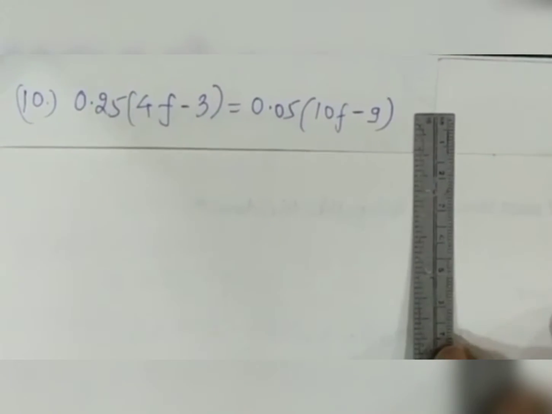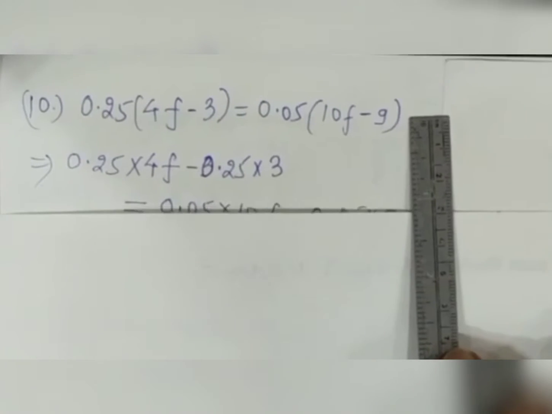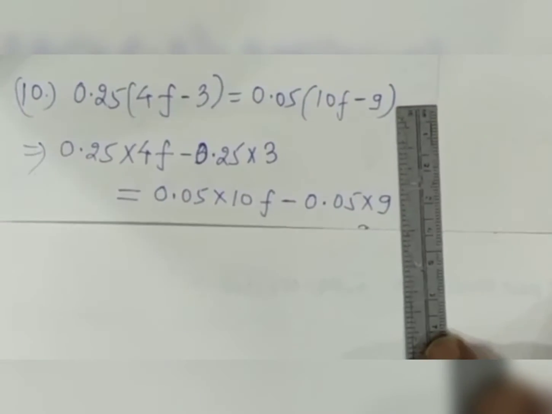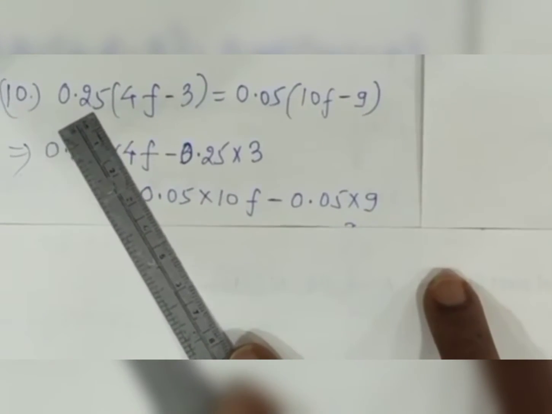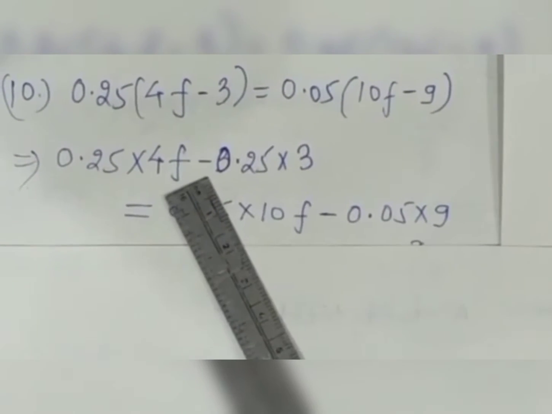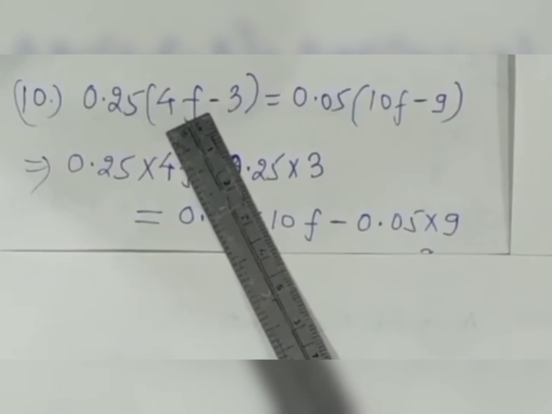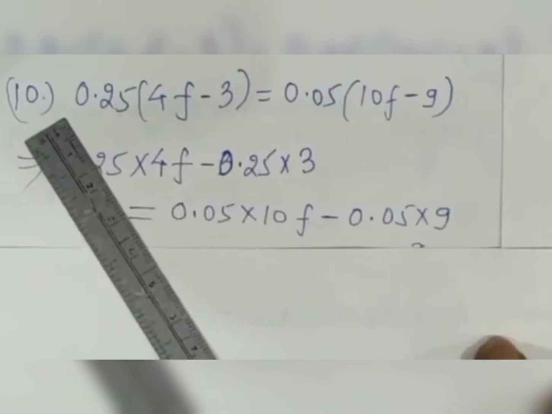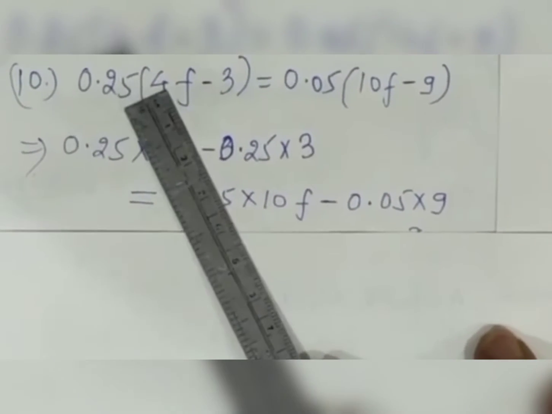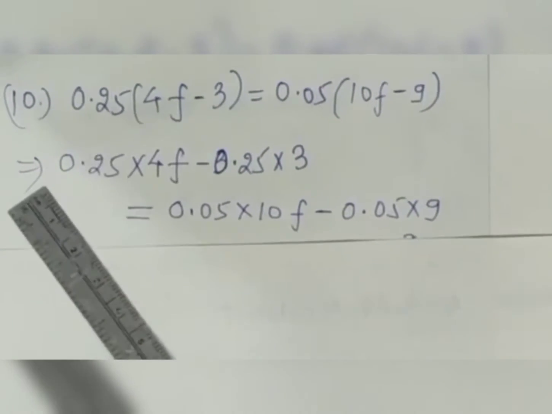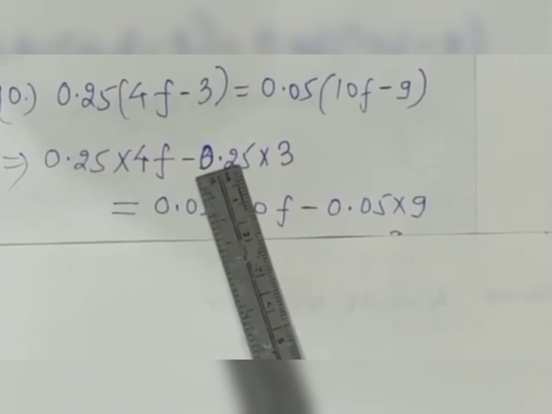How will we do that type of problem? Firstly we open the bracket. First we write down 0.25 into 4. f is the variable, so we copy it as it is. Then minus, because this is plus 0.25, this becomes minus 0.25 times the bracket terms, so plus minus minus and minus minus plus.